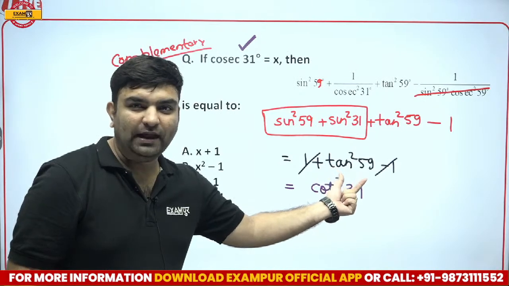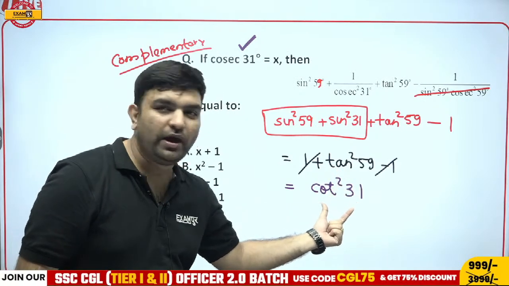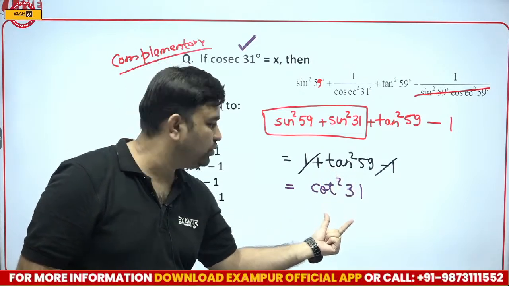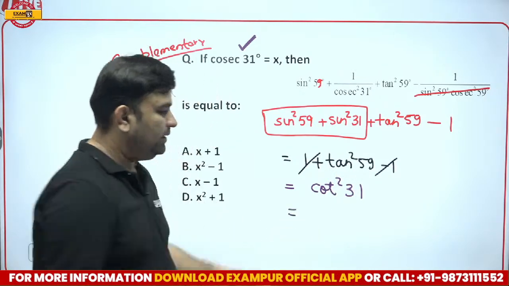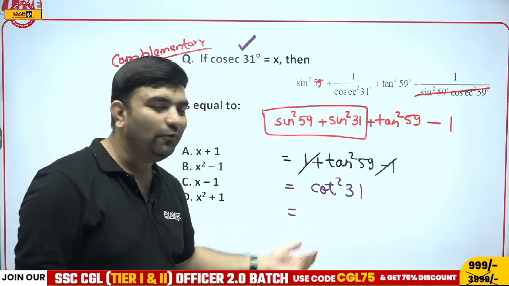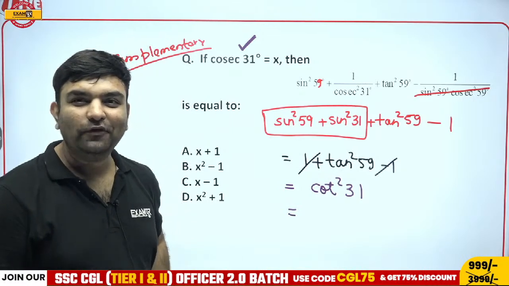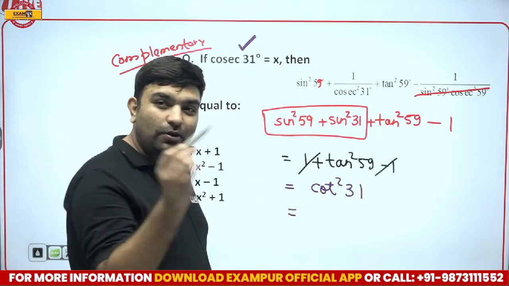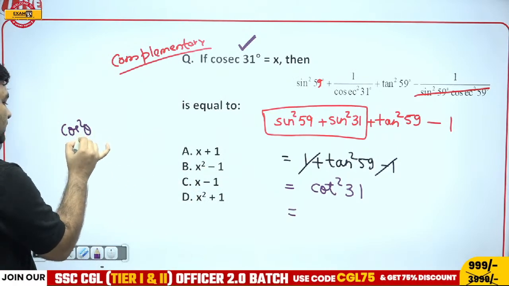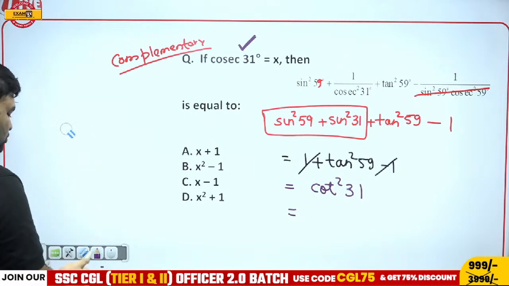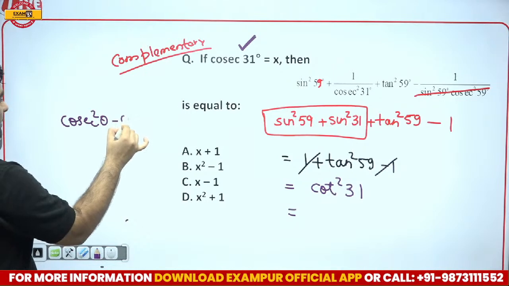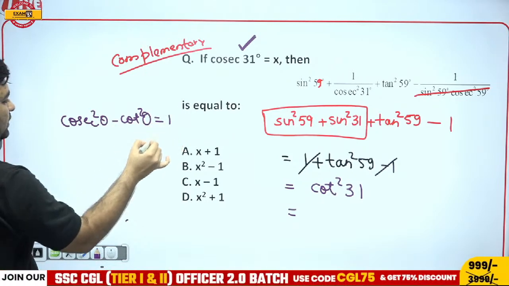But even cot is not given, so now we will use the identity: cosec square theta minus cot square theta is 1.